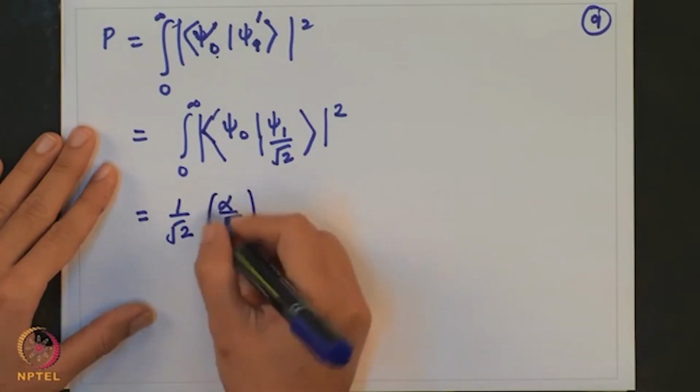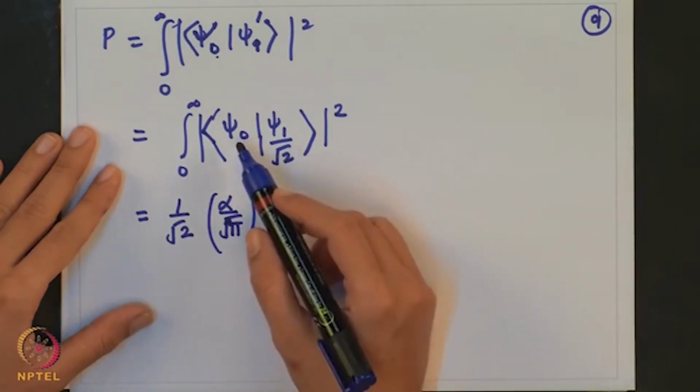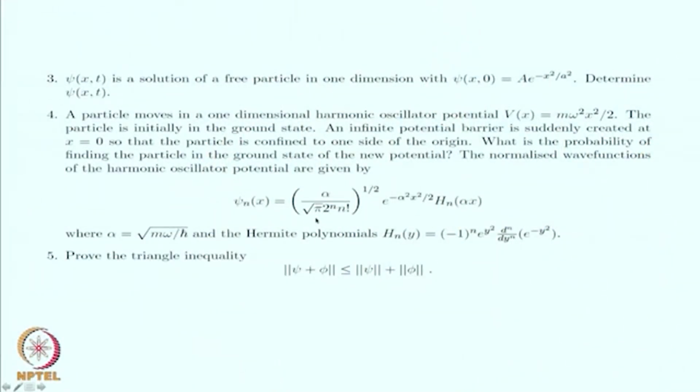This is for psi naught, where the Hermite polynomial H naught is 1. So, I will have alpha upon square root of pi raised to the power, square root of alpha into root pi, e raised to minus alpha square x square upon 2, times H naught. And for psi 1, it will be alpha upon 2 pi by n.